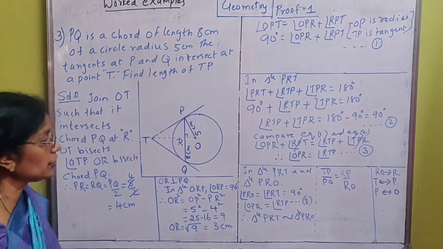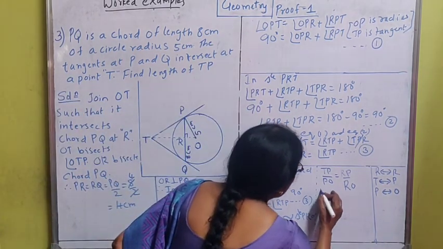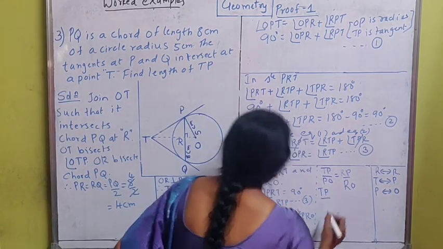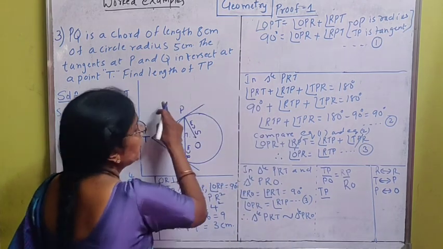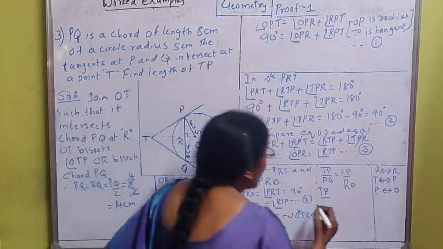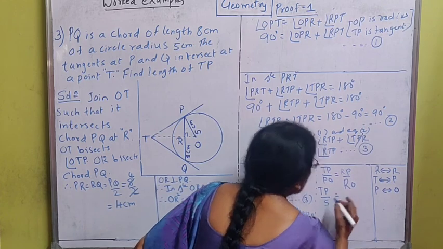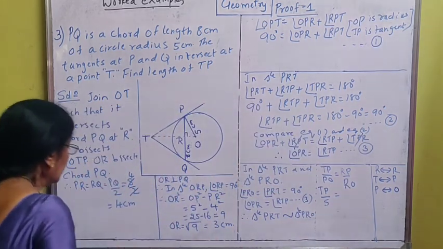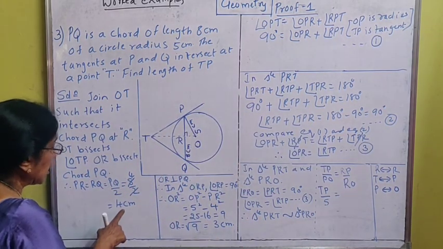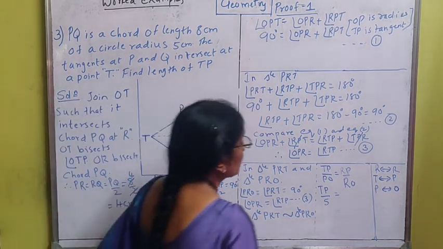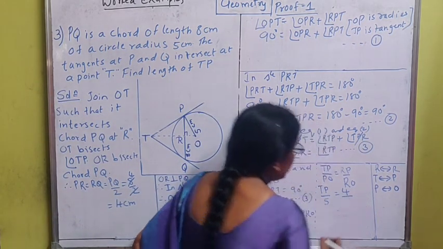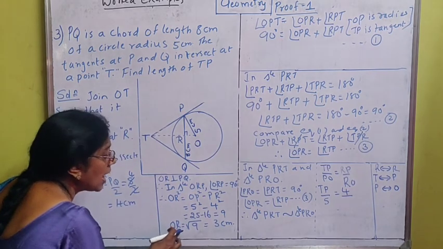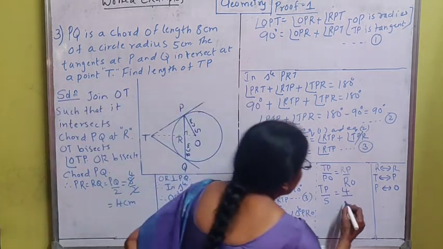Now we just have to substitute the value. So TP will remain as it is, divided by OP. What is the OP value? 5 is equal to RP. What is the RP value? We have taken RP or PR is equal to 4 centimeter. By OR or RO, how much is it? 3.